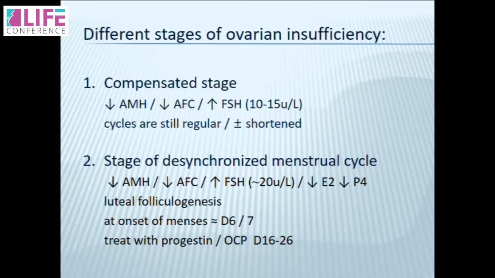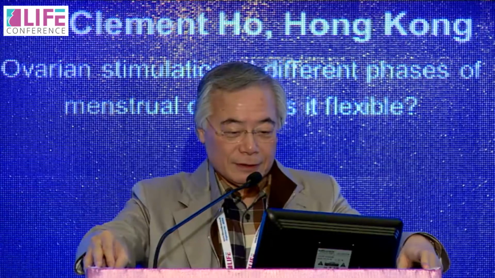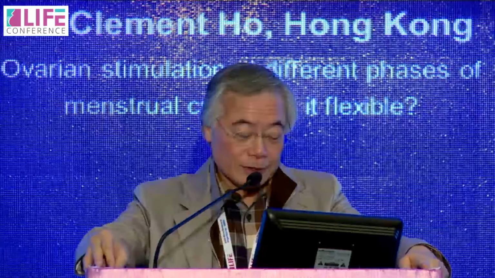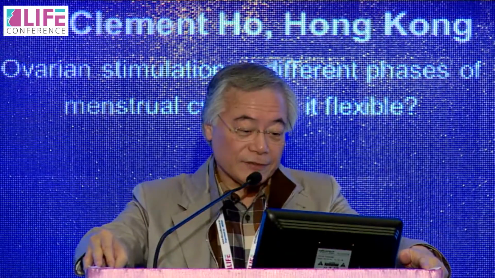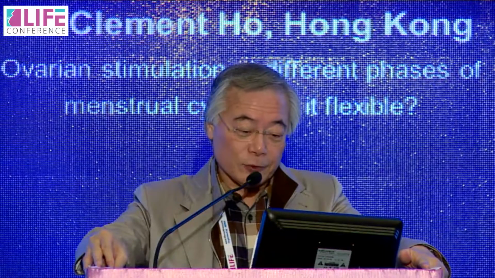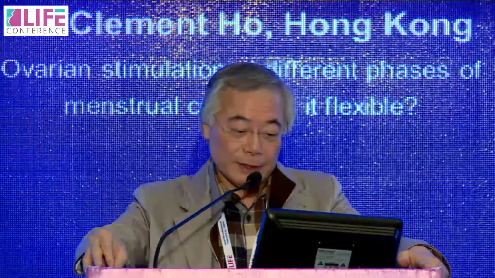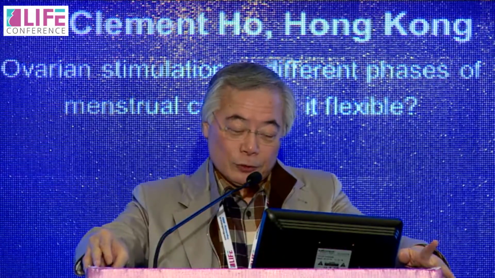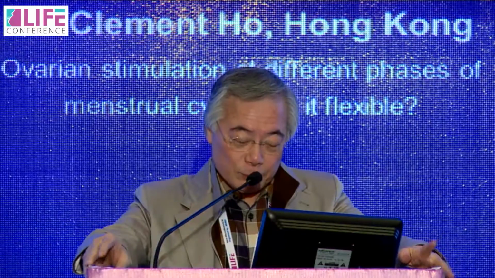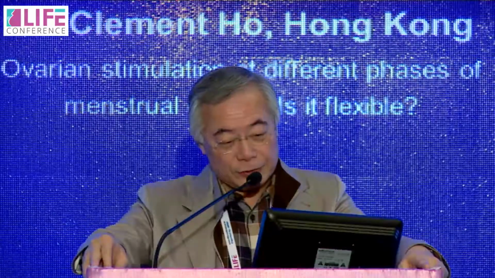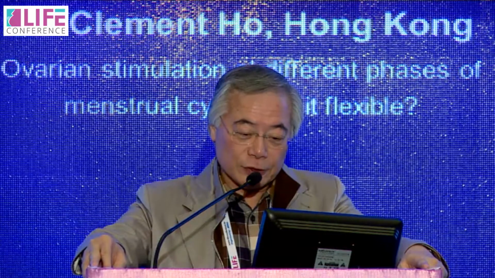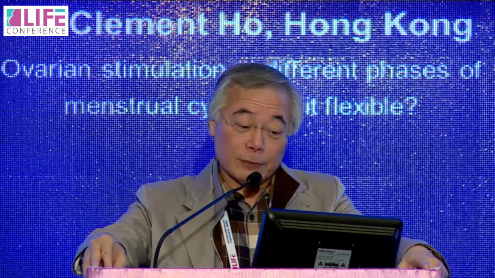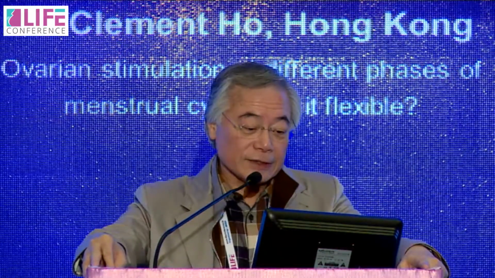These are ones that we see quite often, and we just treat them as our usual patients. Now, when they get to the stage of the synchronized menstrual cycle, things will appear difficult. Now, when the AMH is down, AFC is down, FSH keeps going up to about 20 units per liter, and then due to impaired steroidogenesis, less estrogen, less progesterone in the luteal phase, one then gets luteal phase folliculogenesis.